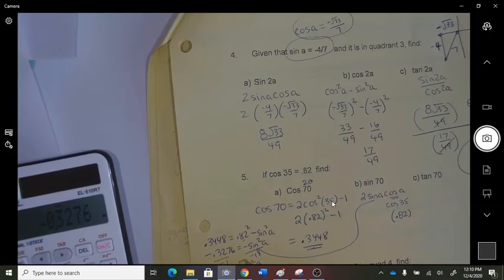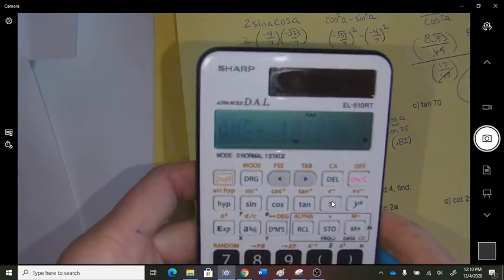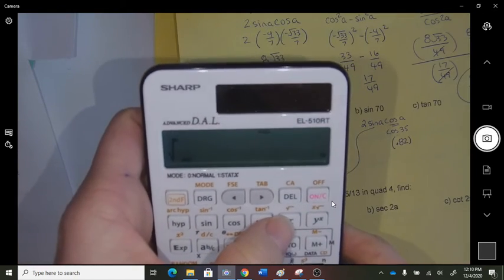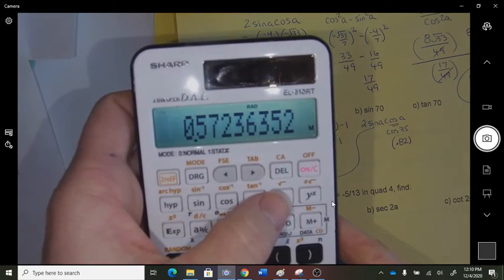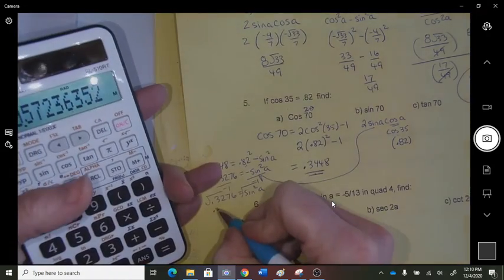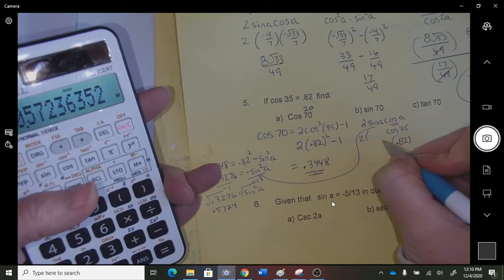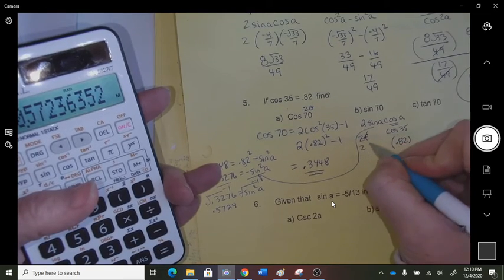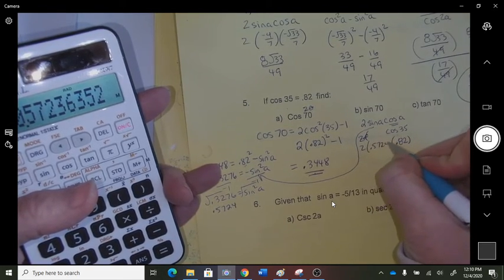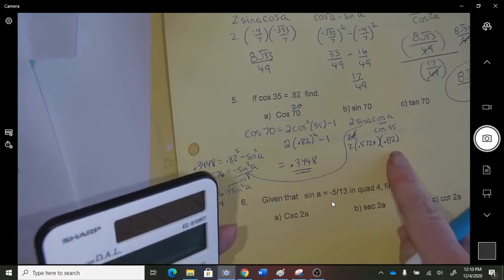And then I would have to square root it. Square root that answer. 0.5724. Okay, so that's what I would get.